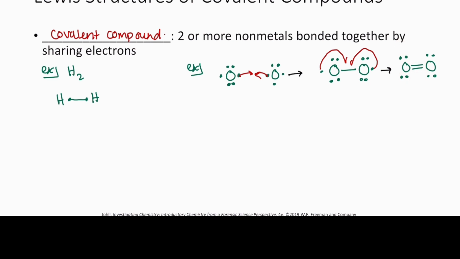There are different types of electrons within this Lewis structure. I have what are called lone pair electrons. And lone pair electrons do not participate in bonding.